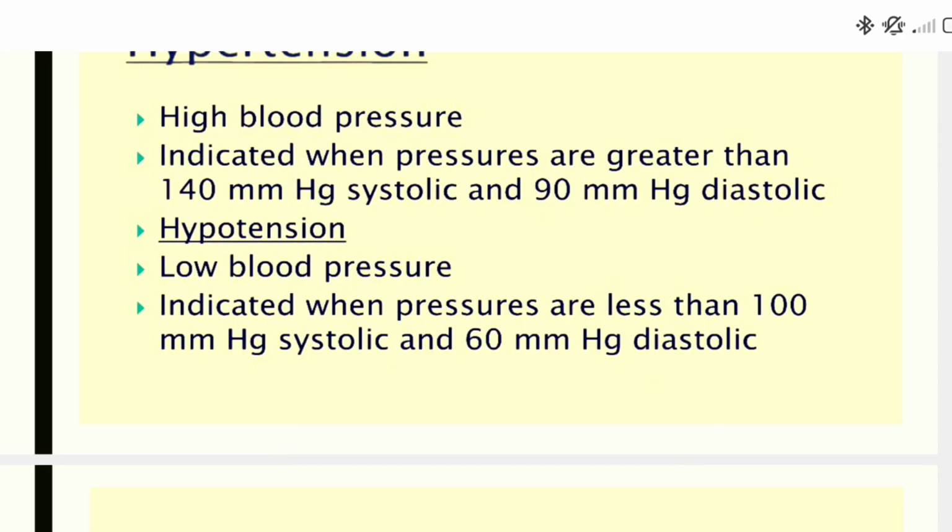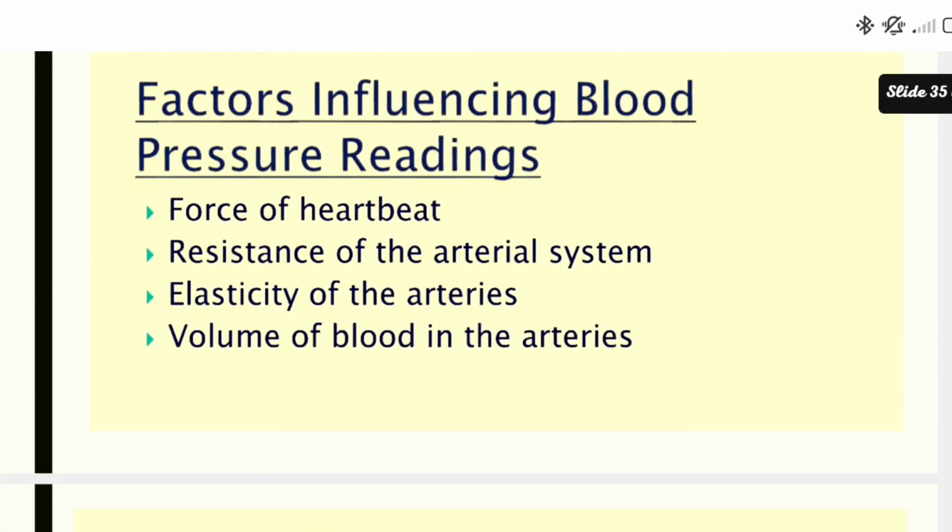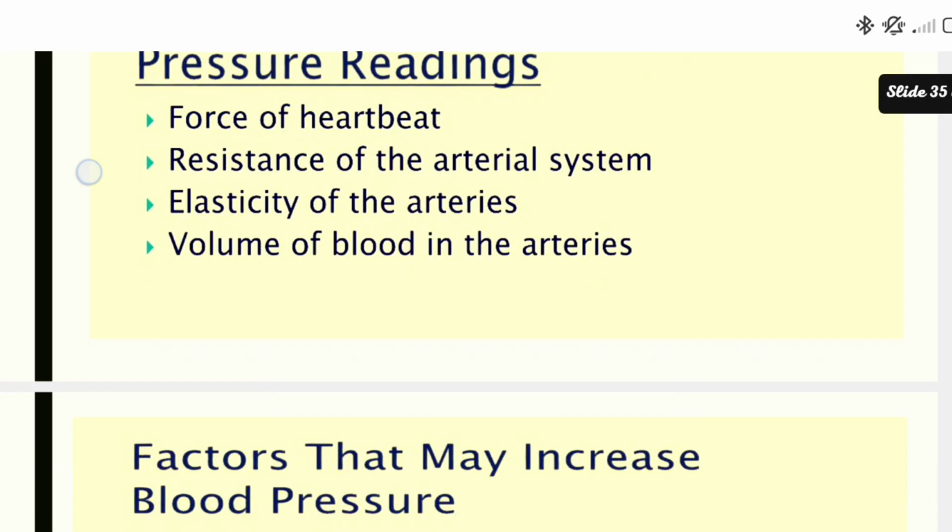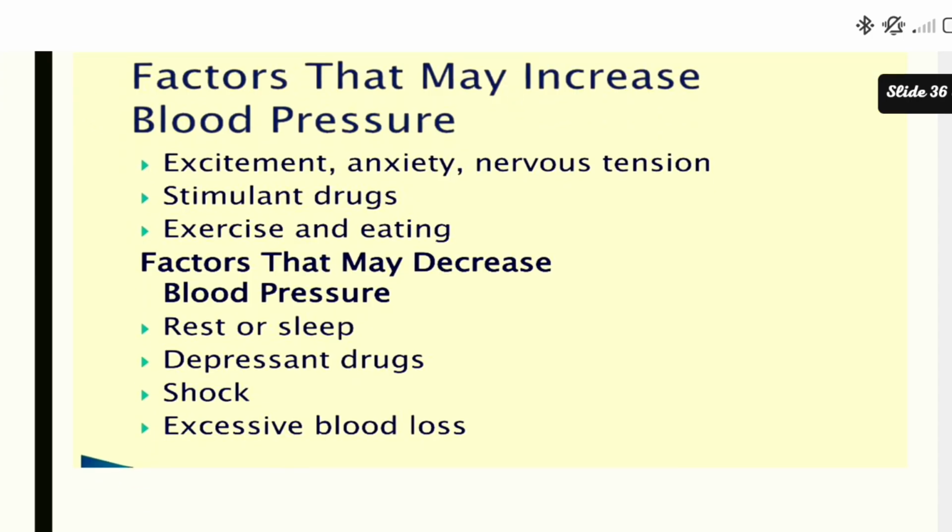So it is indicated when pressure is less than 100 mmHg systolic, or for diastolic less than 60, then you call it hypotension, okay. Factors influencing blood pressure: force of heartbeat, resistance of the arterial system, elasticity of the artery, volume of blood in the artery. Factors that may increase blood pressure are excitement, anxiety, nervous tension, exercise, eating, or decrease like rest, sleep, depression, drugs, shock, excessive blood loss.